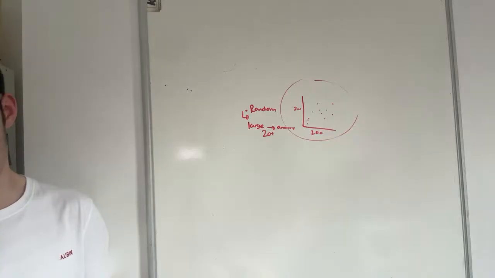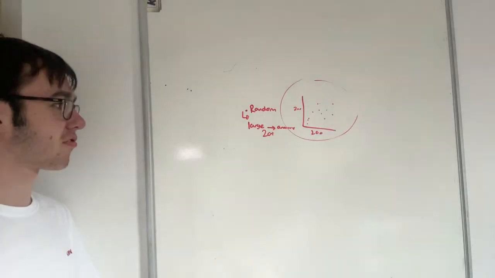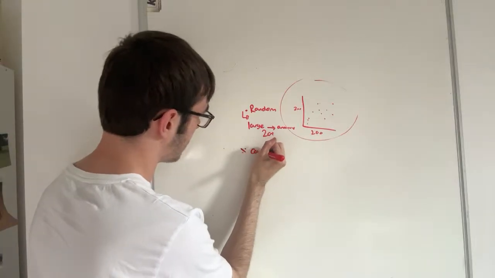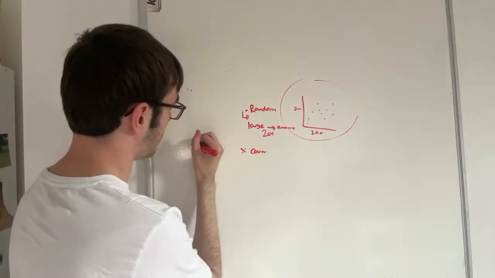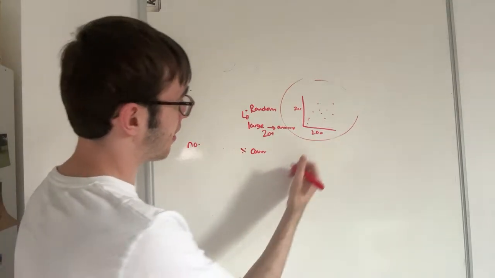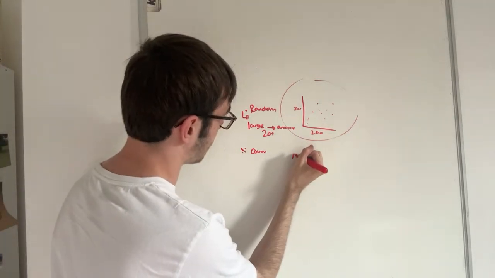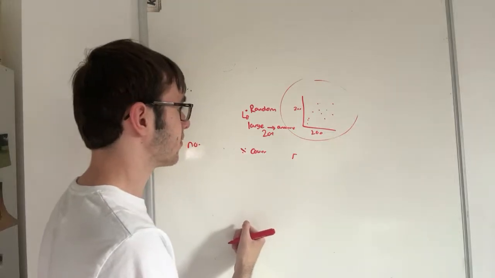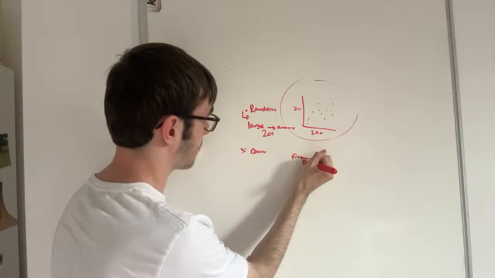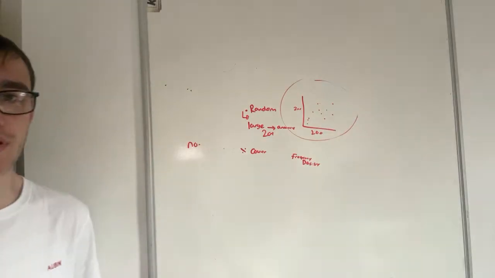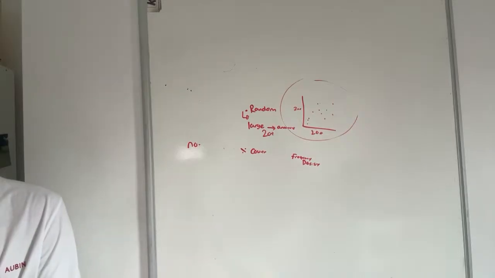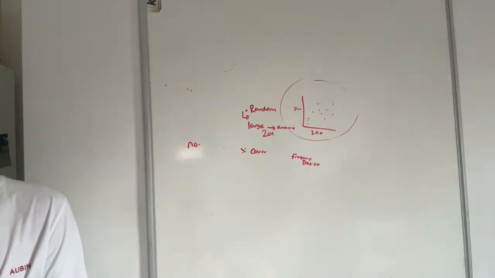Then you can get asked 3 types of quadrat questions. You can either get asked the percentage cover, estimating the actual number of the species, or you can get asked the overall, I forget what you call it, the frequency density, which is literally just basic addition, basic division and multiplication, sorry.